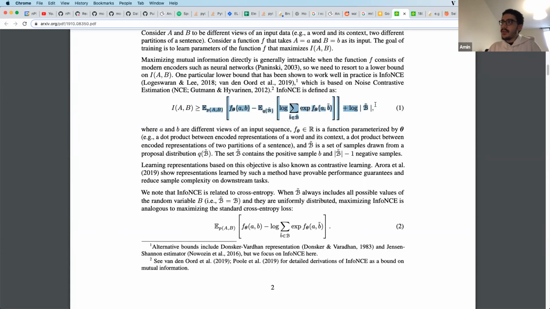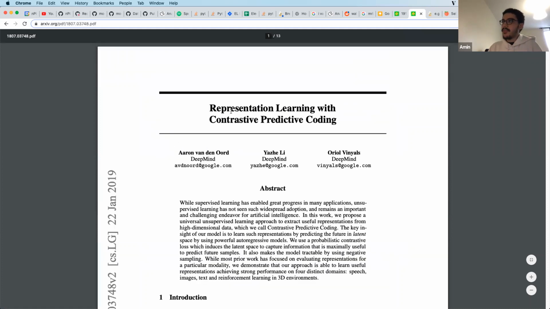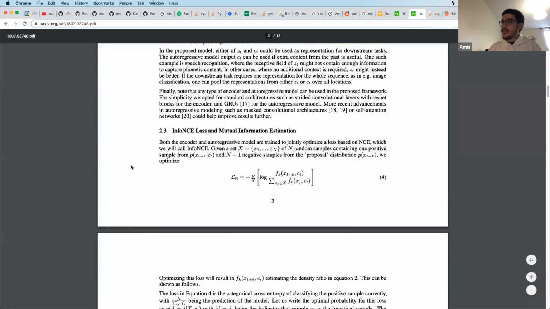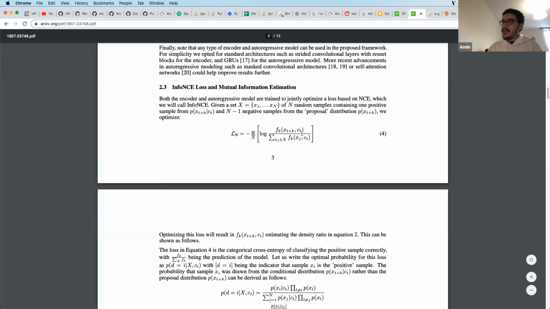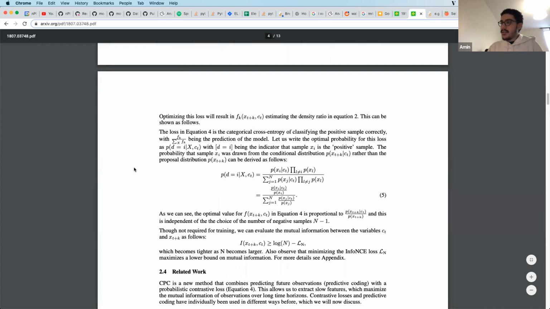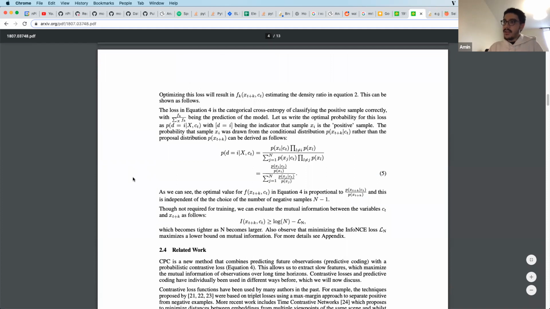So where does this lower bound come from in the first place? So if we go to this paper here, let me just show the title because I didn't before: Representation Learning with Contrastive Predictive Coding. They show that this loss, also seen in the paper we're discussing, so maximizing it maximizes a lower bound on the mutual information.